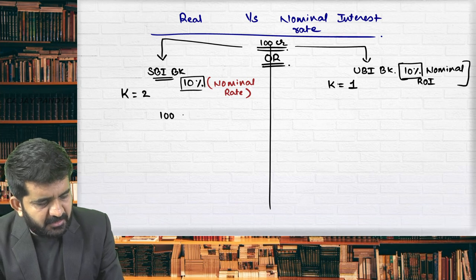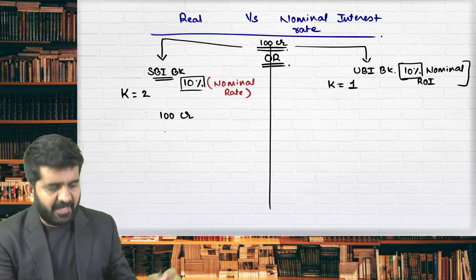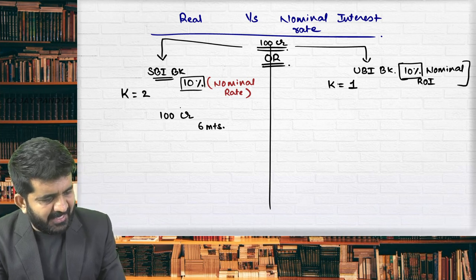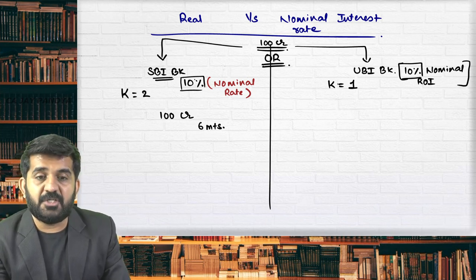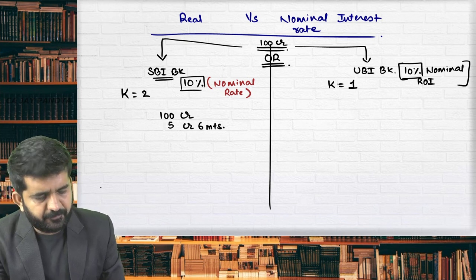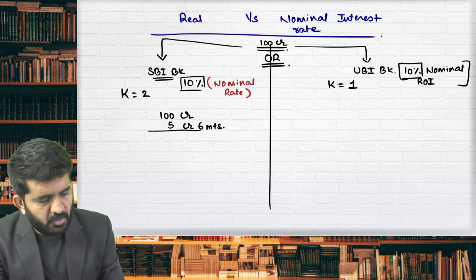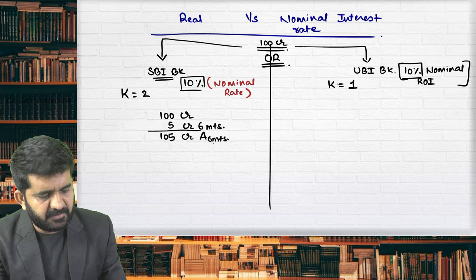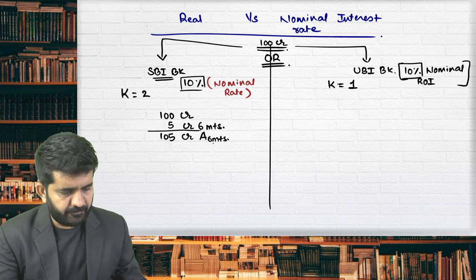Suppose if I invest this 100 crore rupees in SBI Bank, after 6 months, I will be getting 5% interest. What is 5% interest on 100 crore? It is 5 crore. What will be the amount after 6 months? The amount after 6 months is 105 crore.